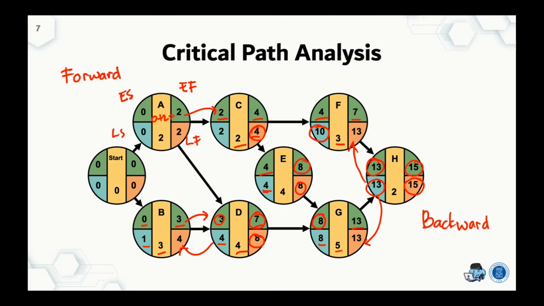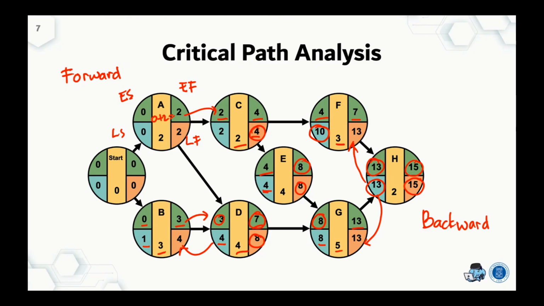So we have two latest starts, the latest start of F and the latest start of E, one being 10 and one being 4. We need to decide which one we should use.